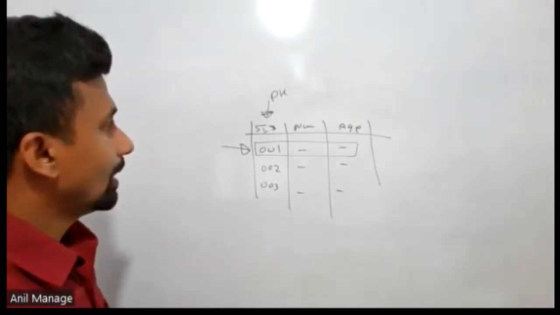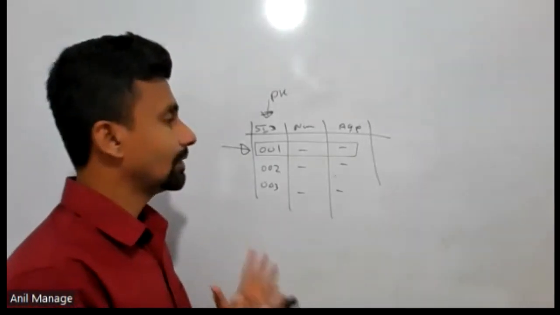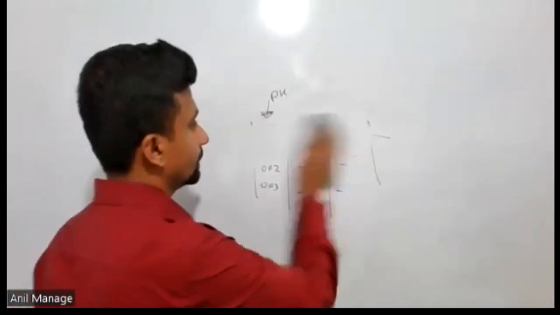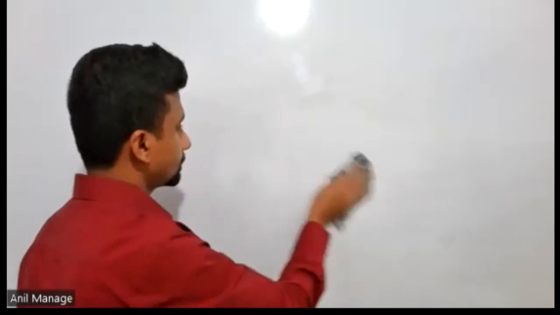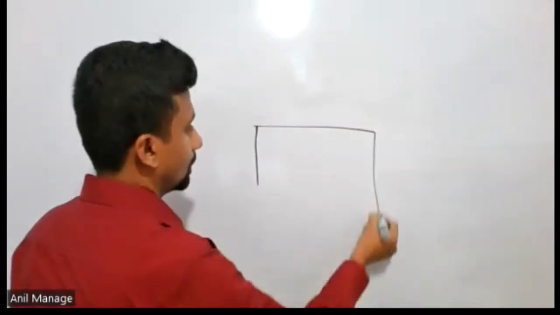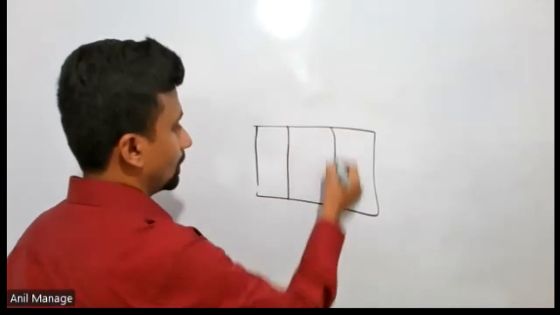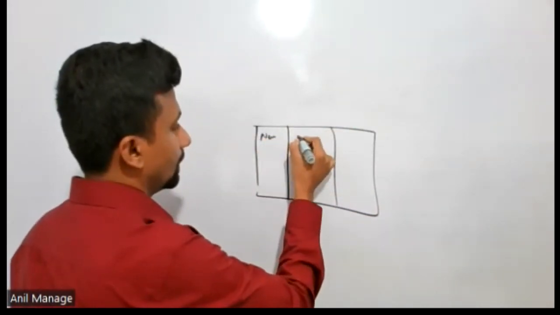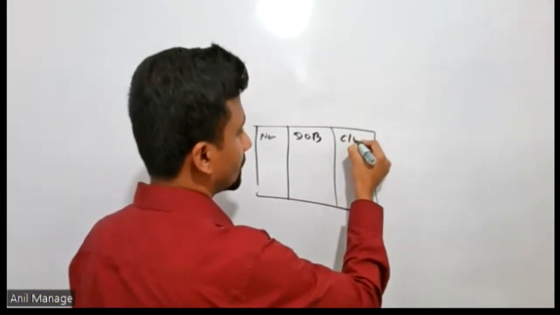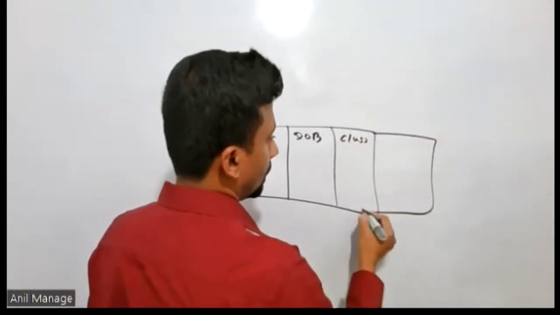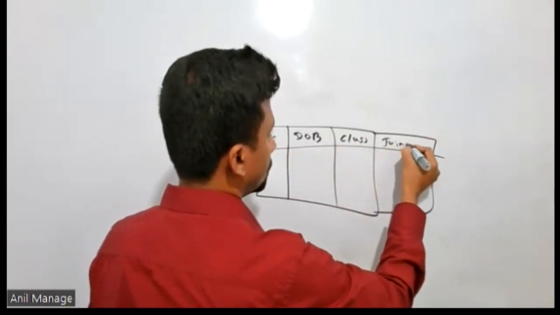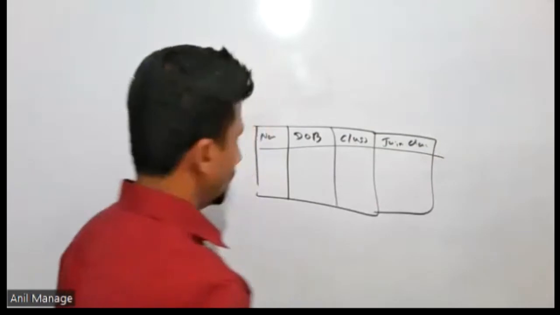Now suppose you don't have SID, right? I will erase this one. You have something called name, then date of birth, class, and you take join date or something, right?